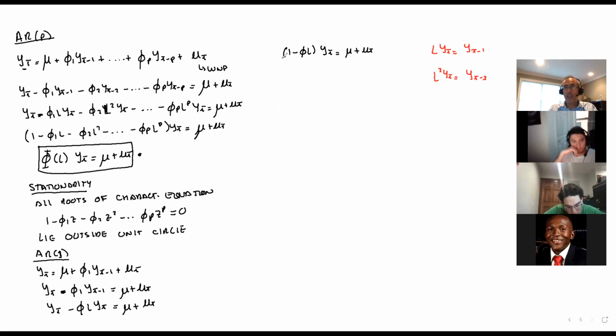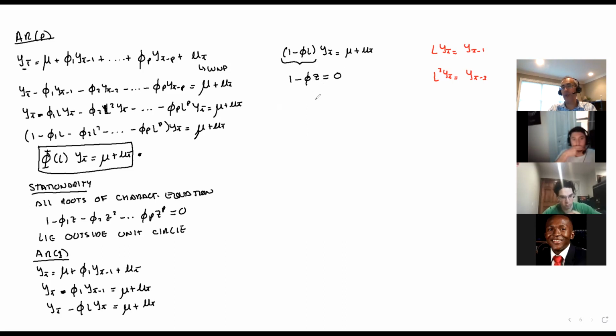Now, stationarity condition, focus on this part here. What is called the characteristic equation is simply you replace the L by C and set this equal to 0. And then you solve for the values of C. If you have a quadratic, you have 2 values of C. If you have a cubic, you have 3 values of C, and so on. But this one here is very easy, do you agree?